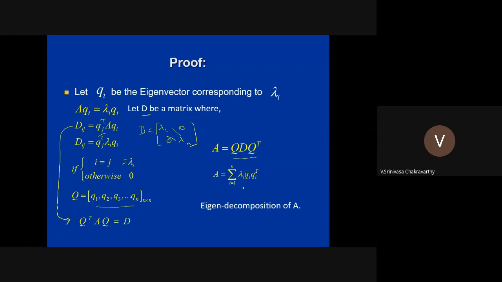So look at this, it is a very interesting kind of decomposition of A, because in this expansion, you are expanding A as a sum of n terms, where individual terms consist of a product of the eigenvalue lambda i and the outer product. So note that this is an outer product of Qi and Qi.